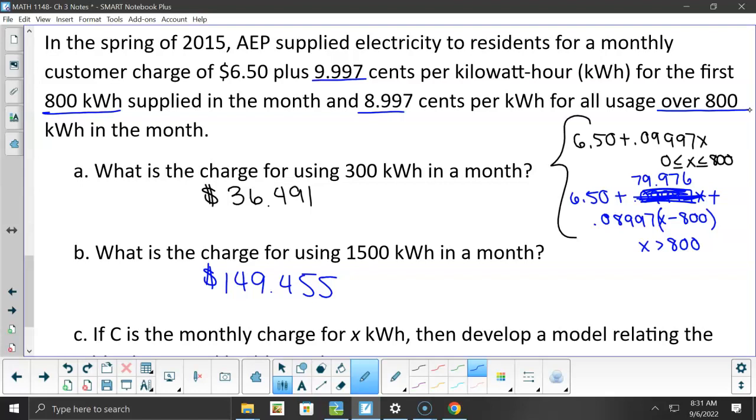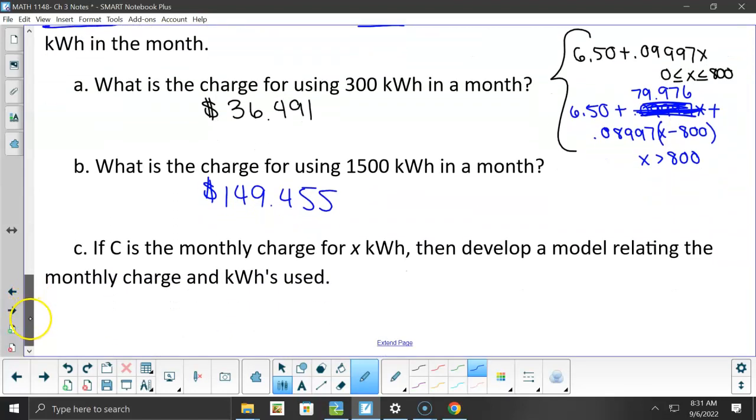Okay. And then for part C, it's just like, okay, develop a model. So should we clean up our model a little bit? Just so we have it official.